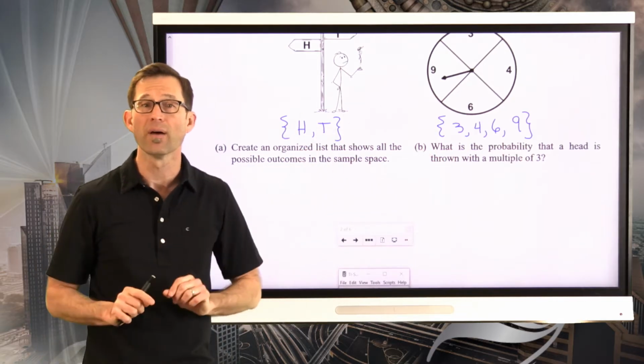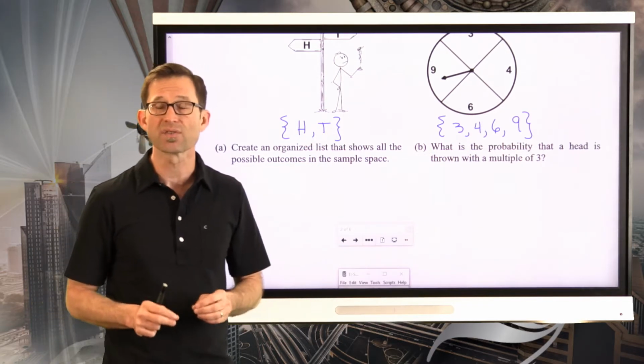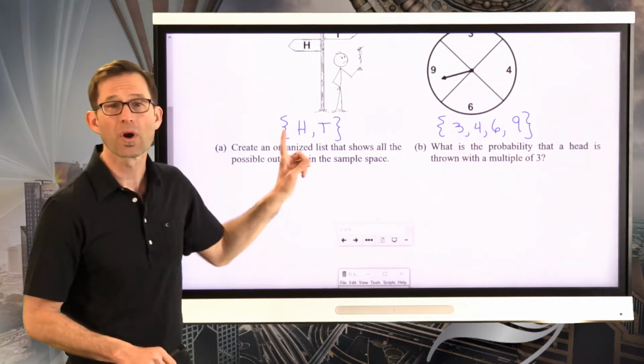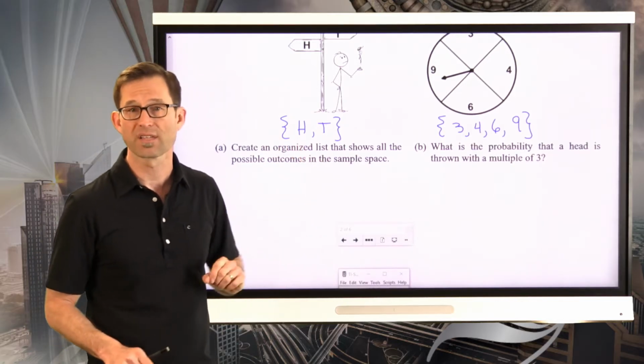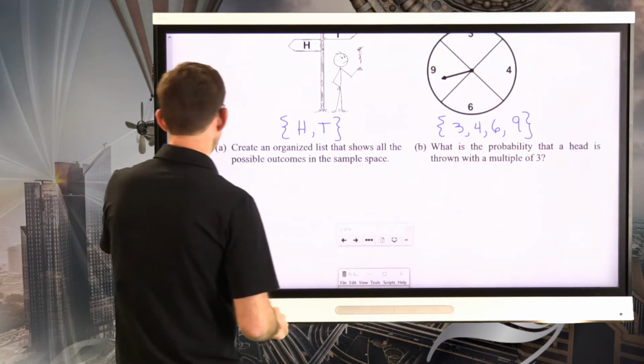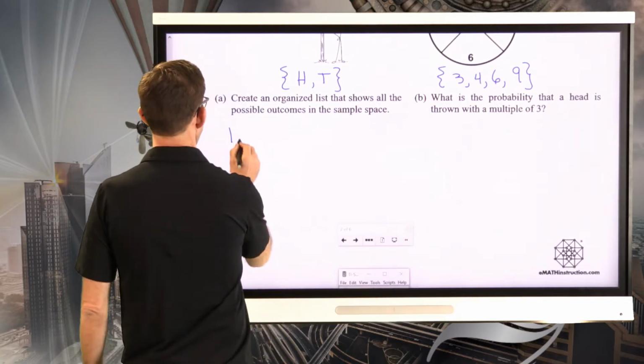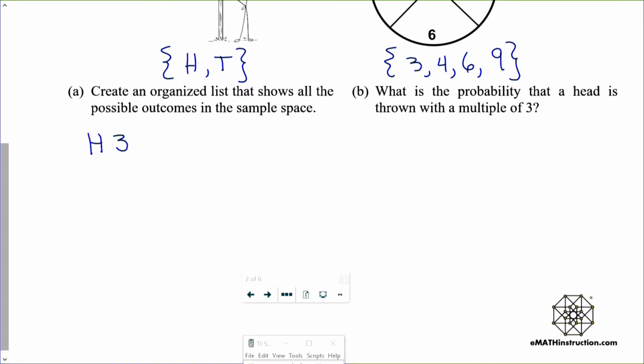Now, when we combine them, how do we make an organized list? For me at least, I'm going to start by saying, what could happen if I tossed a head? If I tossed a head, I could get a head and the number 3, a head and the number 4, a head and the number 6, and a head and the number 9.